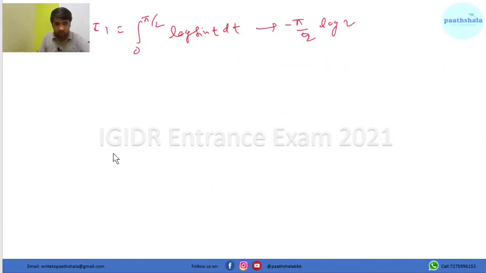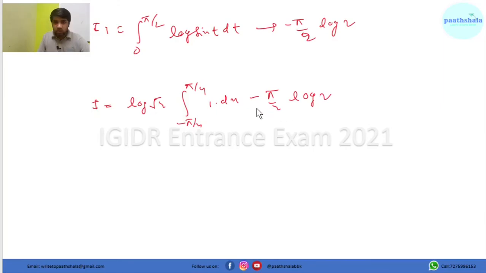So I will come out to be log root 2 times the integral from minus pi by 4 to pi by 4 of 1 dx, minus, and this integral is minus pi by 2 log 2.